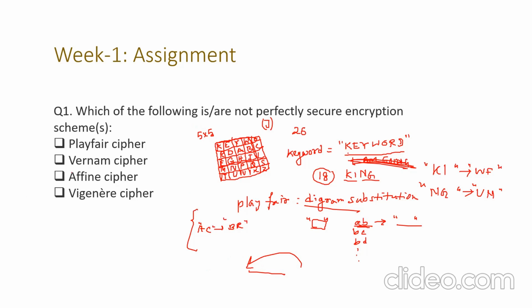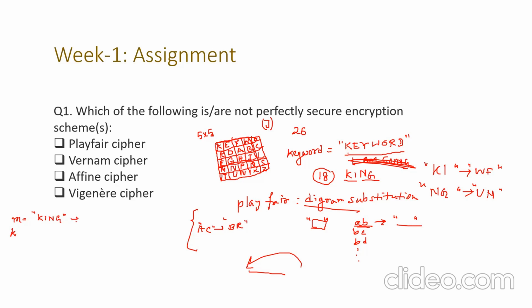Now coming to the Vernam cipher. How does the Vernam cipher work? Here basically you have, let's say, some message. Again we are talking about the English alphabet. So again, let's say the message is "king" only. Now you always choose a key.